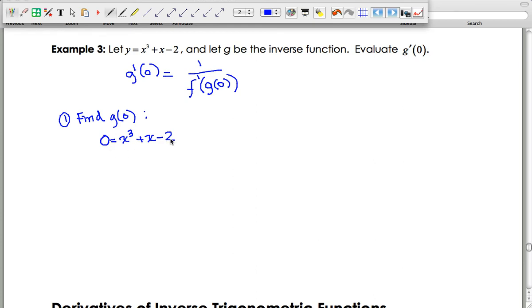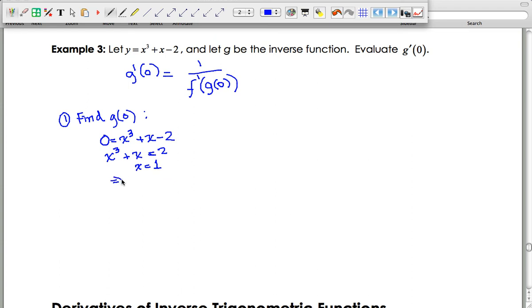Now it's interesting because we could factor here, or we could say, okay, x cubed plus x equals 2. Now, can anybody tell me a number that when added to its cube equals 2? Think of it. There are not many of those. Yeah, the number is 1. So x equals 1.